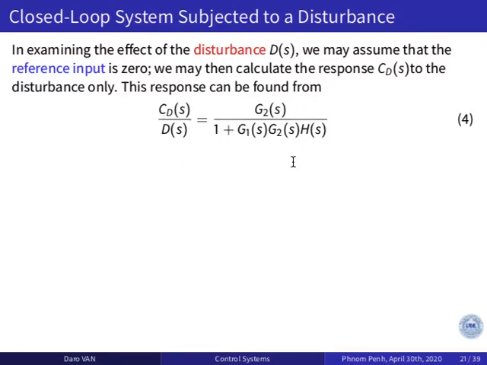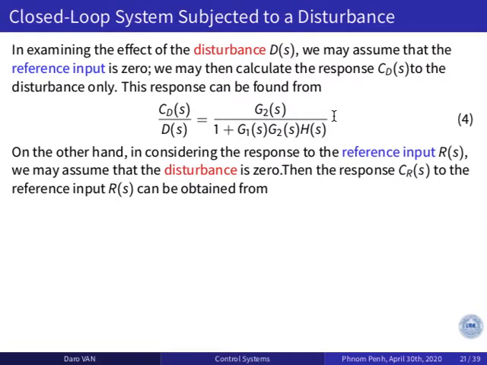I will leave it as an exercise for you to find the ratio between C_D(s) and D(s). We assume there is no reference input, so just take the signal out, do a little bit of manipulation, and you will be able to find this. For the exercise, maybe 10 minutes is enough.